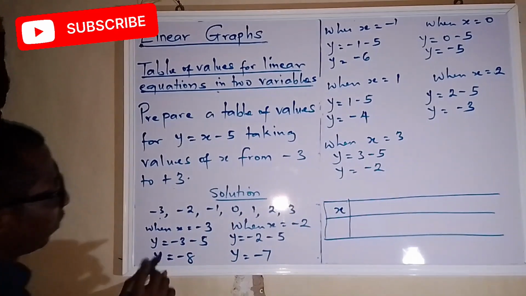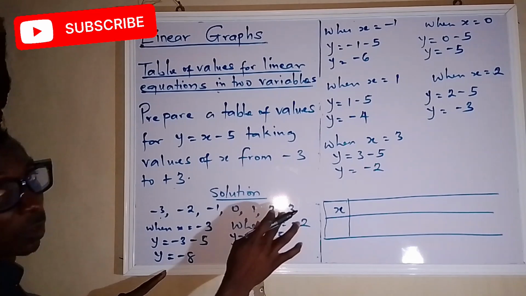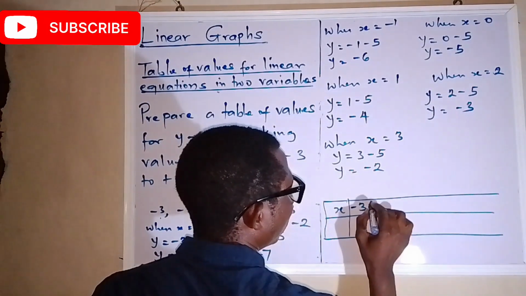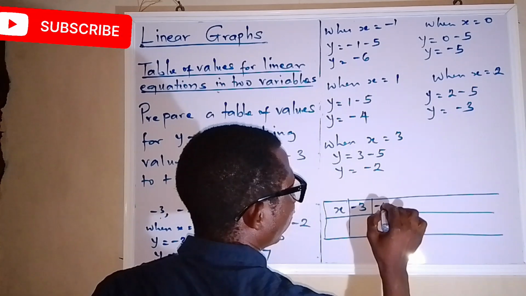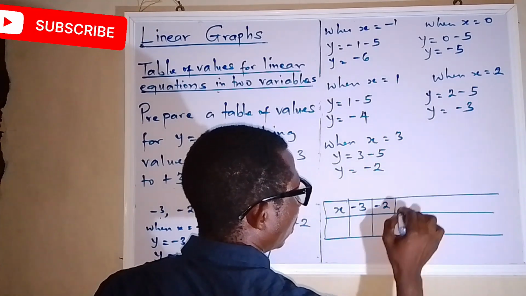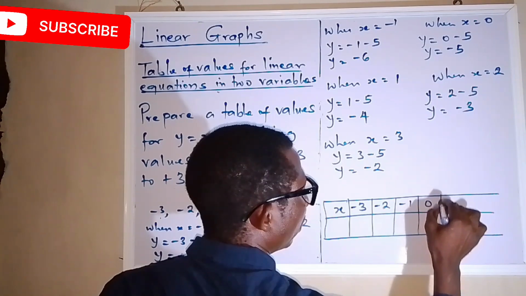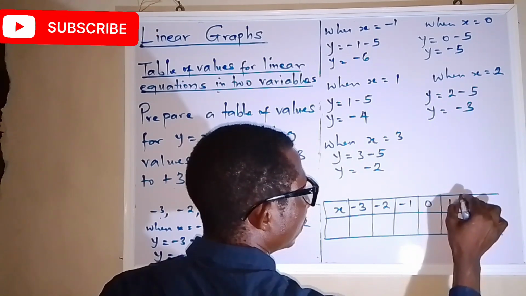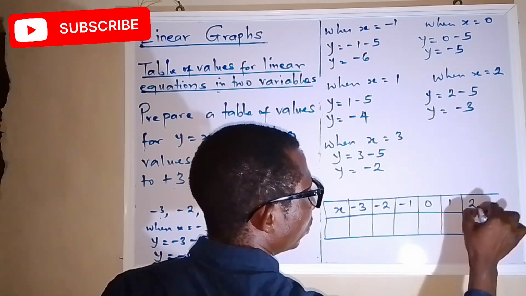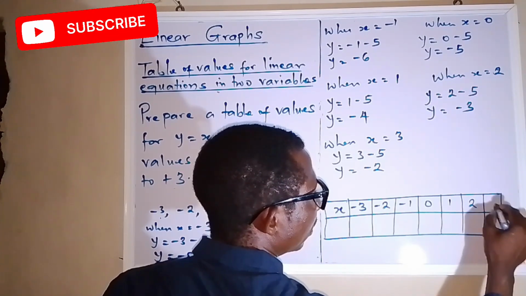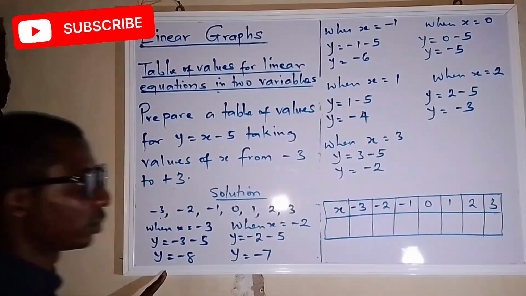Values of x start from minus 3 to 3. So we have minus 3, minus 2, minus 1, 0, 1, 2, and 3.